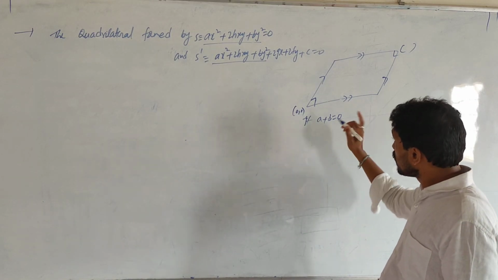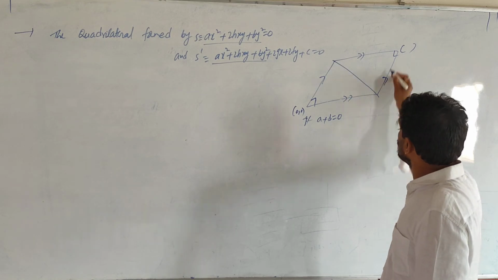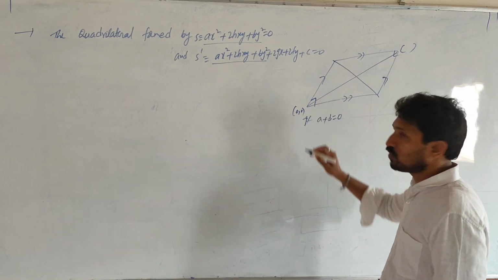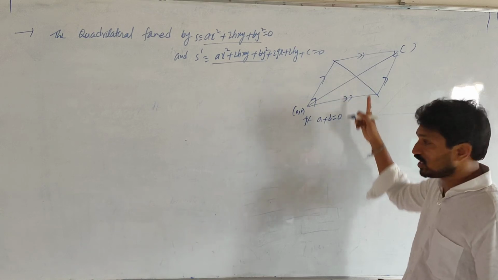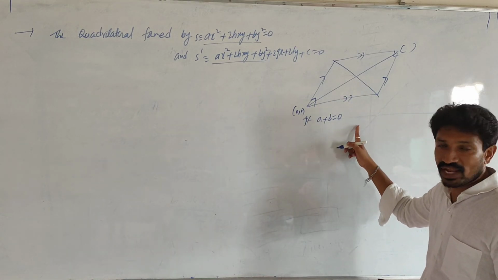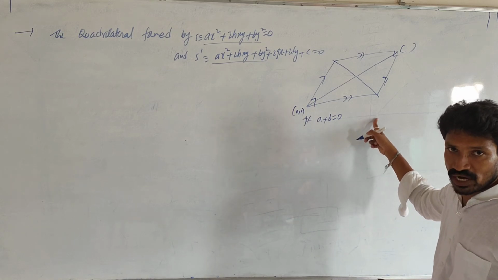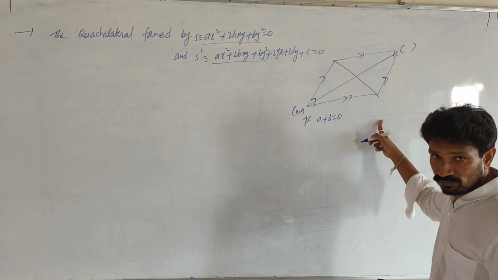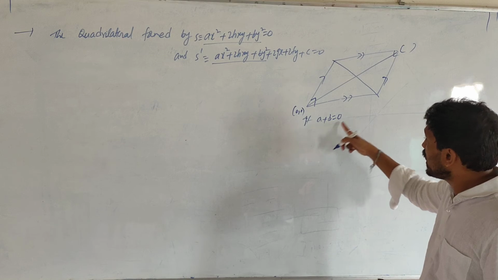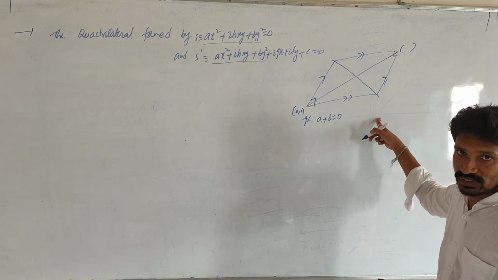That means when these two diagonals are perpendicular to each other, if I add that condition also here, then very clearly, if a plus b is equal to 0 and that condition, which you are going to derive, is satisfied, then it will be a square.